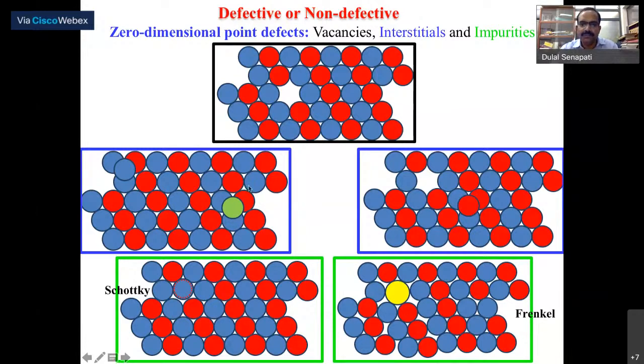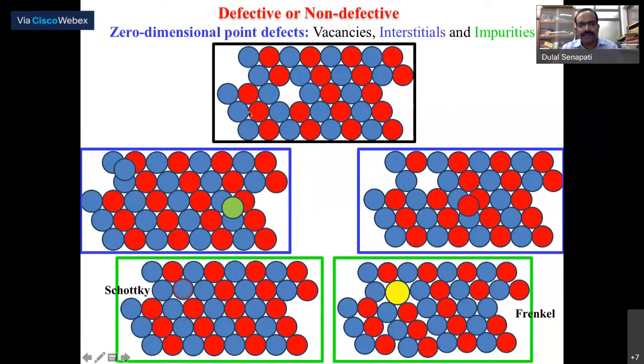Or it could be one impurity atom jumps from somewhere and sits in an interstitial position. So this also can be a zero dimensional defect, or even in a nearby crystal lattice, one atom jumps and somehow is incorporated inside the crystal. So that can also disturb the crystallization.